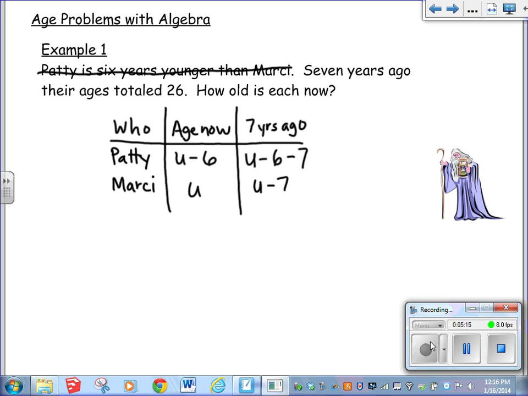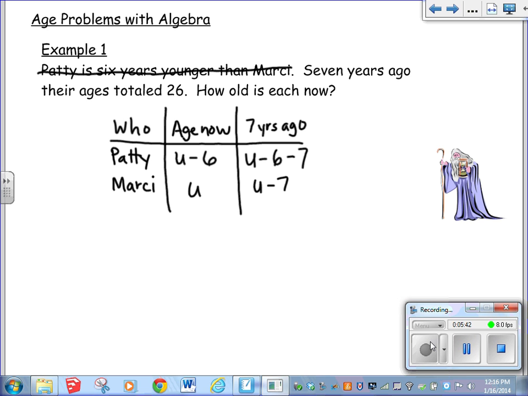All right, now we're ready to write an equation. What sentence do you think gives us information to write the equation here? Liam? 7 years ago, their ages total 26. Okay, is that their ages now or their ages 7 years ago? 7 years ago. Okay, so we have to look at their ages 7 years ago, and we know that they total 26. So what equation can we write?